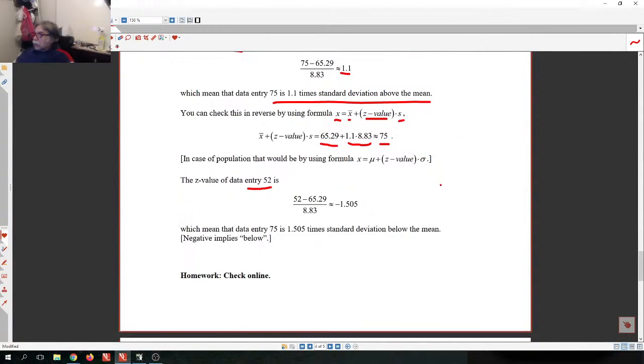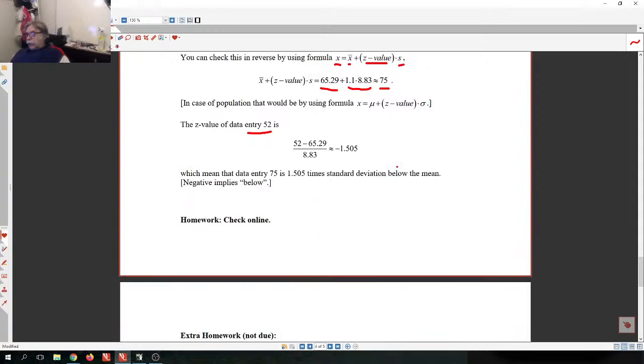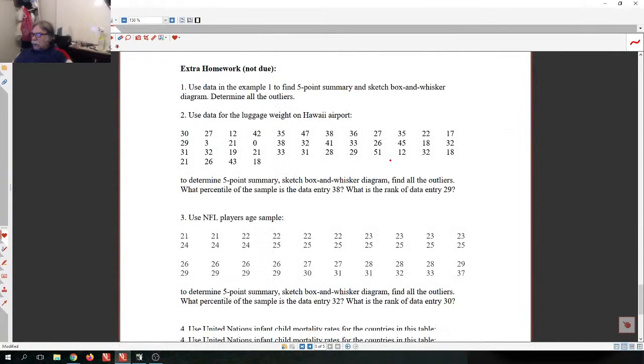Okay? That's my story. I have some extra homework here, so if you don't have enough homework on the Connect Math, you can play with this. Here's the Hawaii airport luggage example we had some time ago. Find out the 5-point summary: minimum, quartile 1, quartile 2 or median, quartile 3, maximum, right?